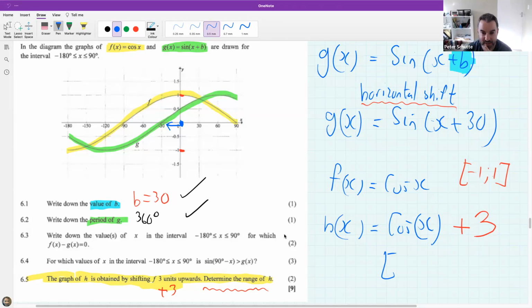Be careful, this is not an amplitude change. This literally moves the whole thing up by 3. It simply moves it up by 3. So if you move the whole thing up by 3, your lowest value is now going to be 2, because if you imagine -1 plus 3, you get 2. What's the highest value that this new function is going to get to?